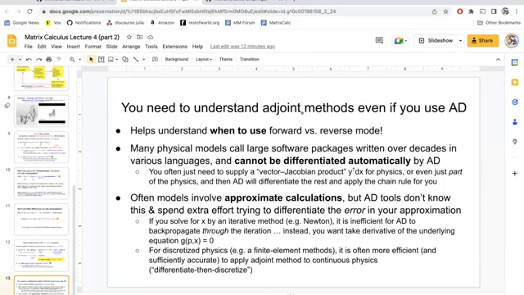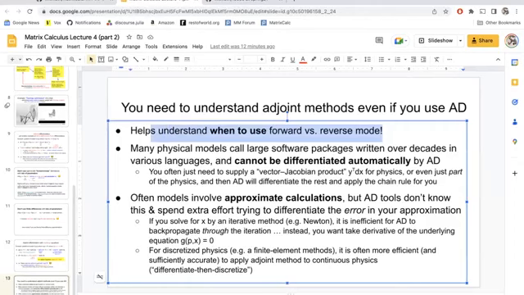Even if you're using automatic differentiation, and the computer is taking all your derivatives for you, doing all your chain rules and so forth, it's important to have some idea of what's going on under the hood. Understand adjoint methods, understand reverse mode versus forward mode, because you need to know when you should use which.